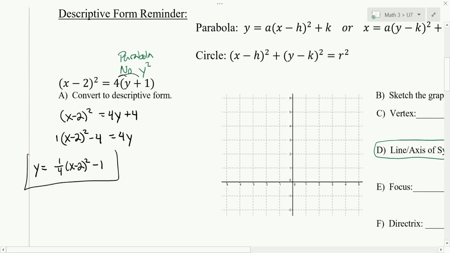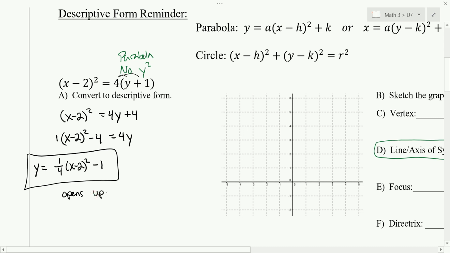Okay. Now we've finished part A. We converted it to the form that we want. That helps us describe the parabola. And the first thing we can say is which way this thing opens. Opens which way? Are you sure? Good. You gotta be sure.